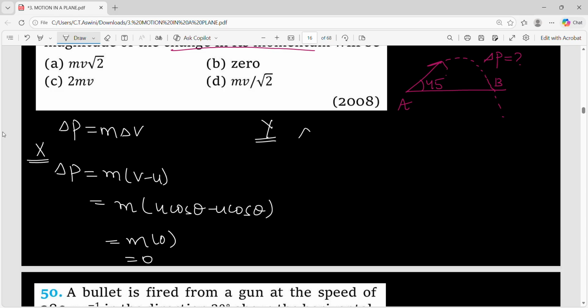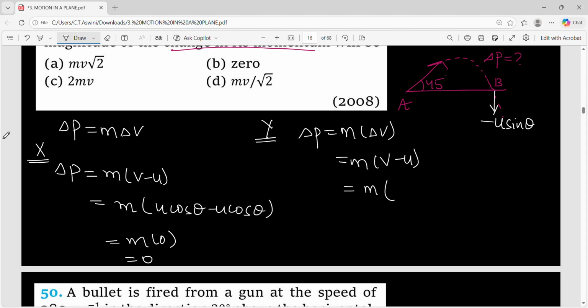Change in momentum is mass into change in velocity, so this is m into v minus u. What is the final velocity at this point? It is minus u sine theta. And here it is u sine theta. This is your v and this is your u. So just substitute. Sine theta is sine 45. Sine 45 is how much? 1 by root 2. So this is minus u by root 2.